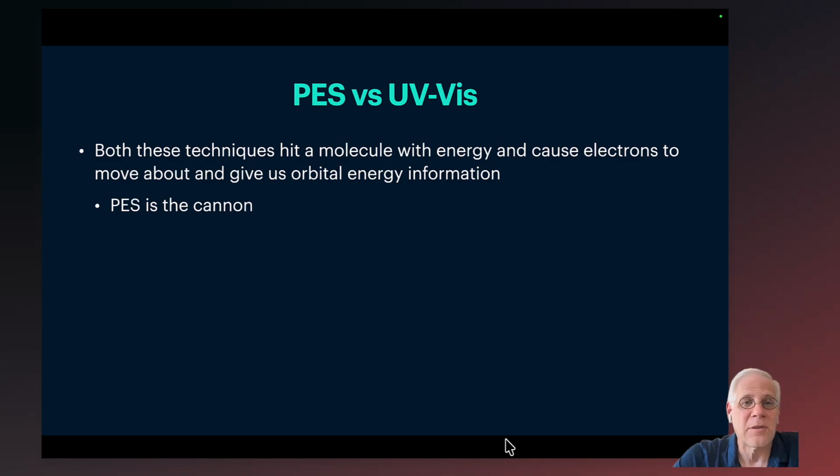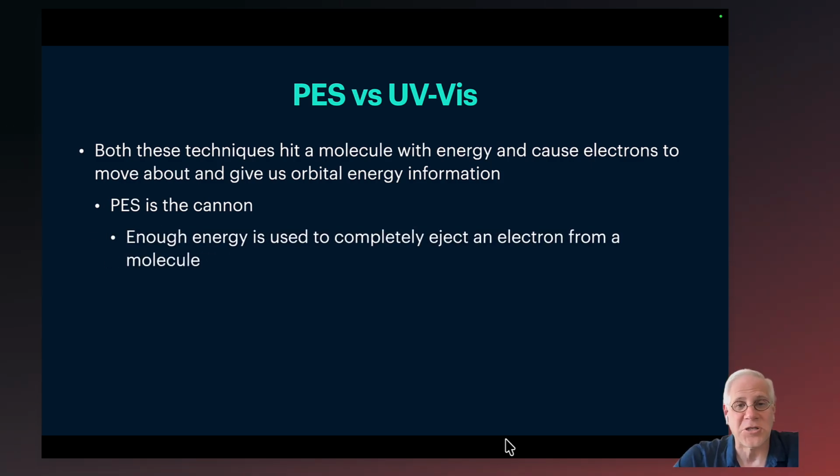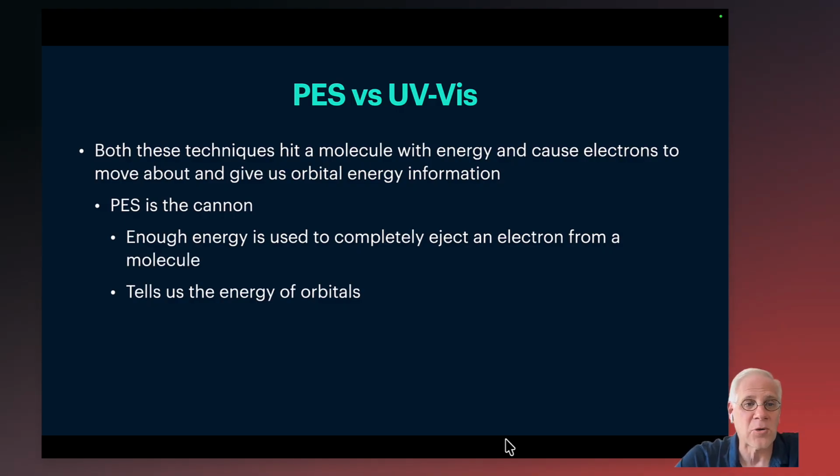It hits the molecule with so much energy that electrons are completely ejected away from the molecule, and we actually sense those electrons. So we capture those electrons on a sensor so that we know their energy, and from that we can determine what the energy of the orbital where it came from is. So your PES tells us what the energy of orbitals are within the molecule.